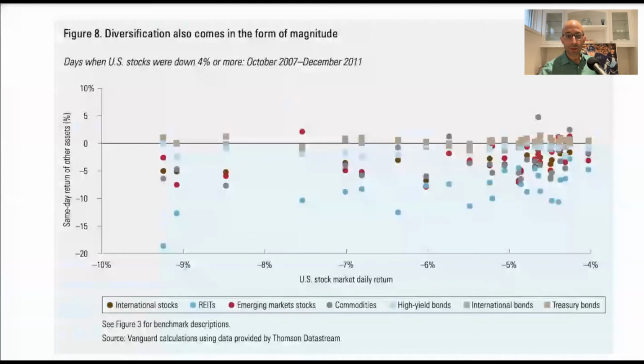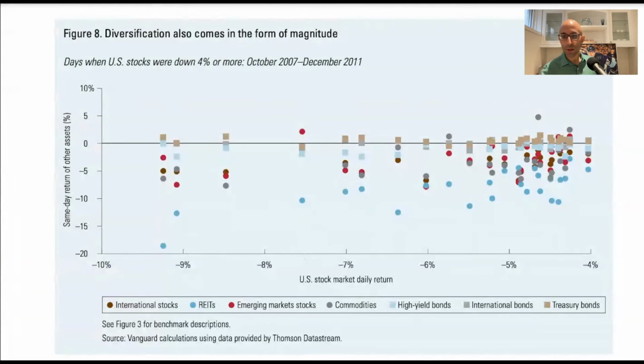So if you look at real estate investment trusts, also known as REITs, if we look at days where the US stock market fell 9%, well, there were days when REITs actually fell 12% or 18%, even more than stocks. And if we go here, where the US stock market fell about 7%, we saw that REITs also fell 7%. So kind of moving in tandem with US stocks.